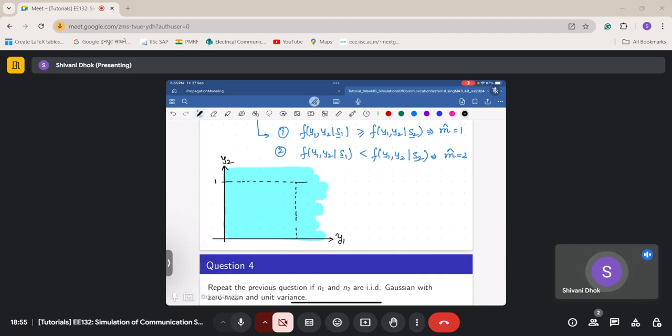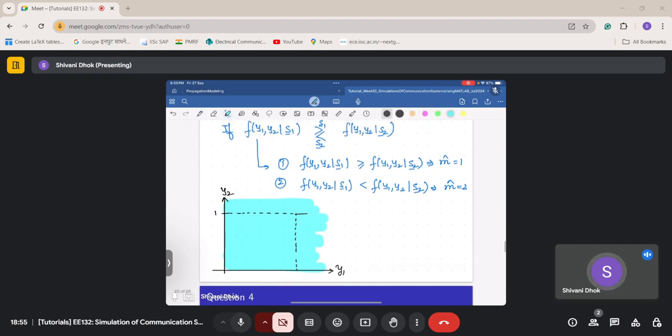This particular region which I have shaded with blue is for f of y1 y2 given s1, and this particular region is for y1 and y2 greater than 1.